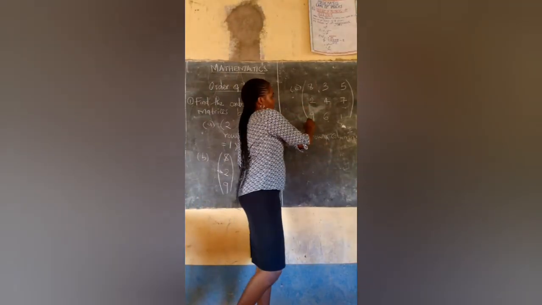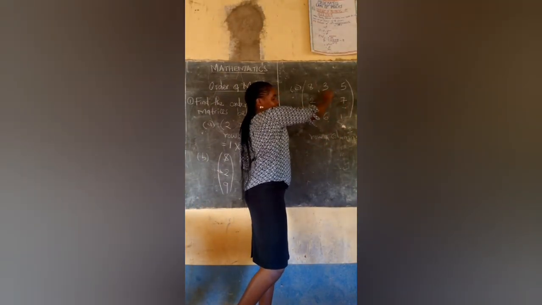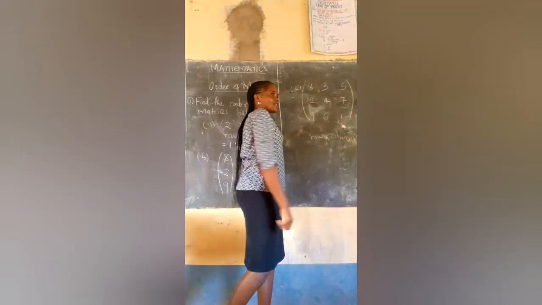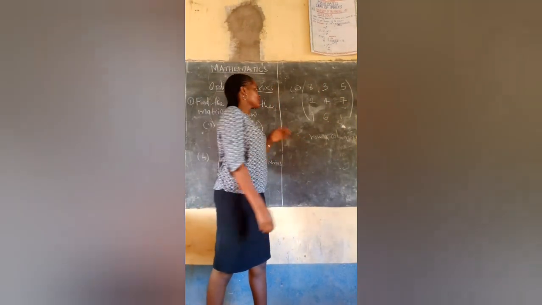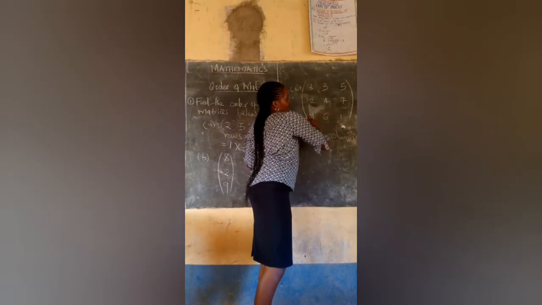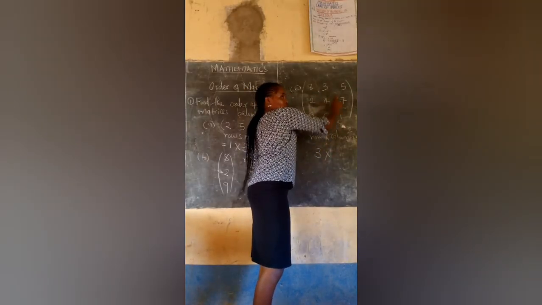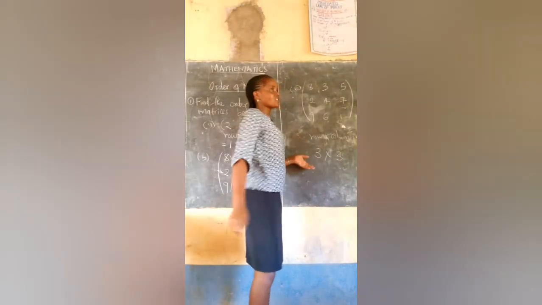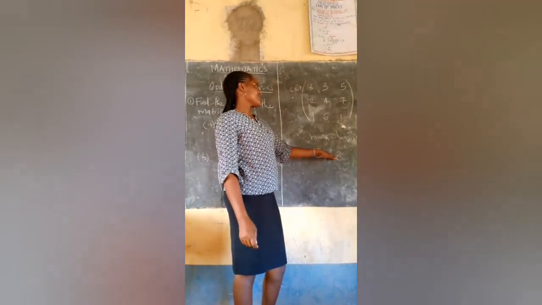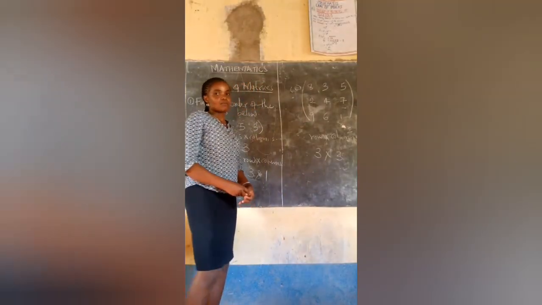The rows are the horizontal arrangement, then columns are the vertical arrangement. So we'll have 1, 2, 3 rows by 1, 2, 3 columns. So this is a 3 by 3 matrix, a matrix of order 3 by 3.